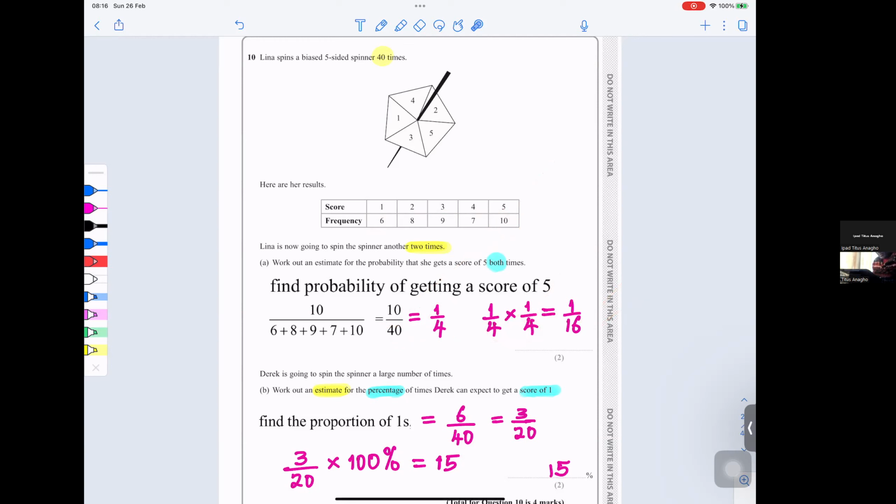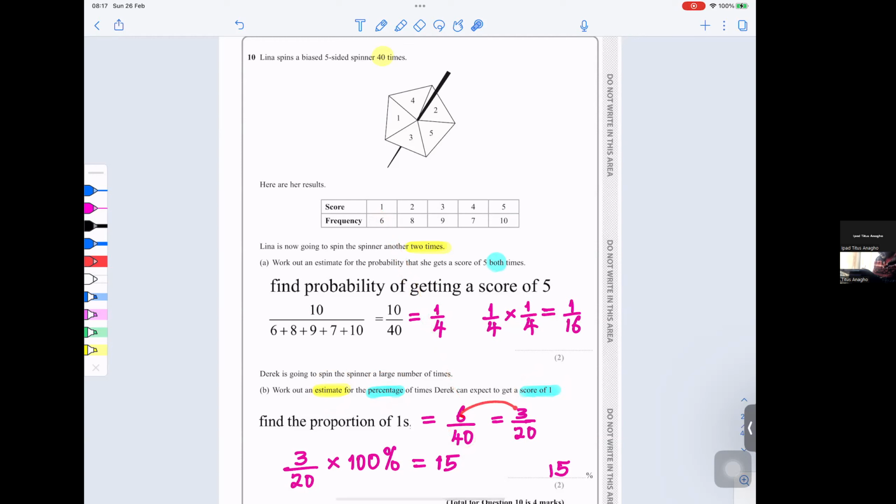Derek is going to spin the spinner a large number of times. Work out an estimate for the percentage of times Derek can expect to get a score of 1. We want an estimate, we want a percentage, and we want a score of 1. So we find the proportion of ones. How many ones did they get? 6 out of a total of 40.